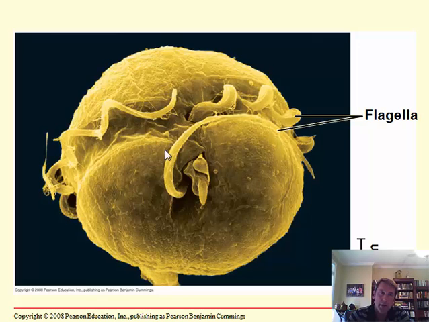One unique phenomenon they're responsible for is something called a red tide. When these become very numerous through a reproductive bloom, high reproduction in this organism, they can become very numerous in the waters, and they have a red pigment in them, and they can actually dye the waters red in the ocean.